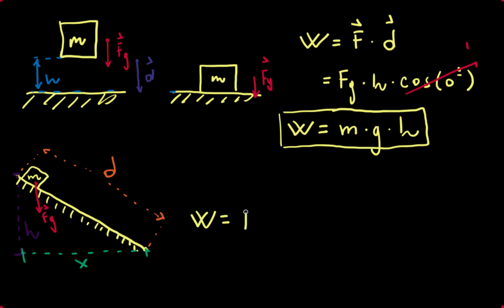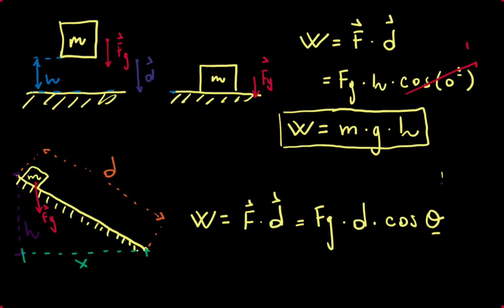So this again is force times distance. And now this turns out to be force of gravity times distance times the cosine of the angle. Now we have to find what this angle is.